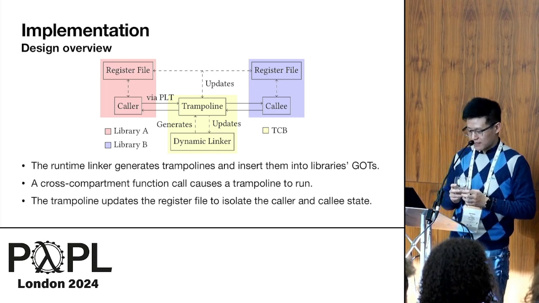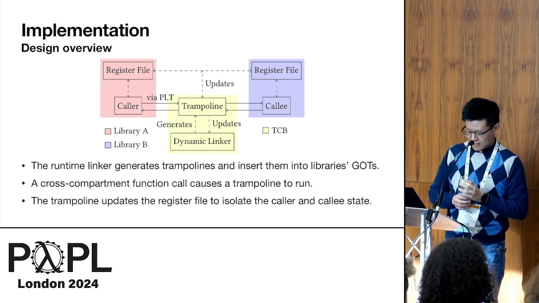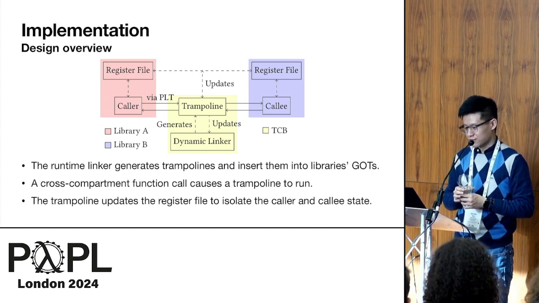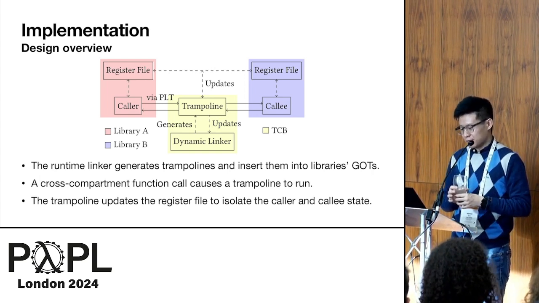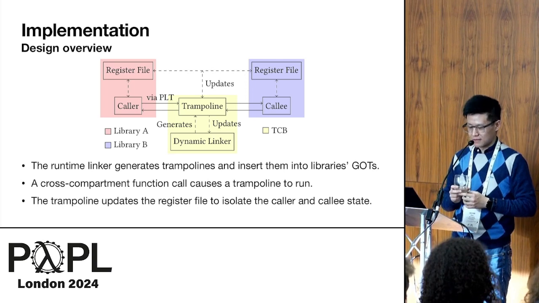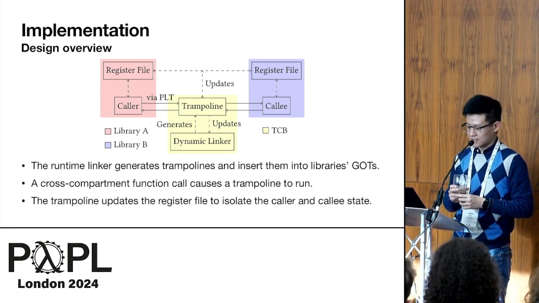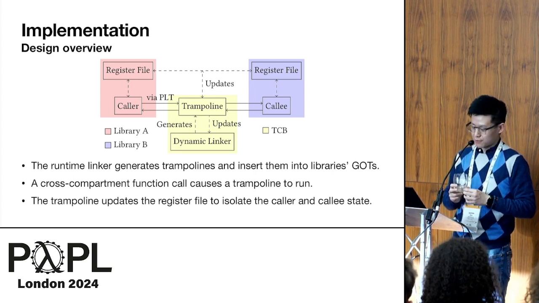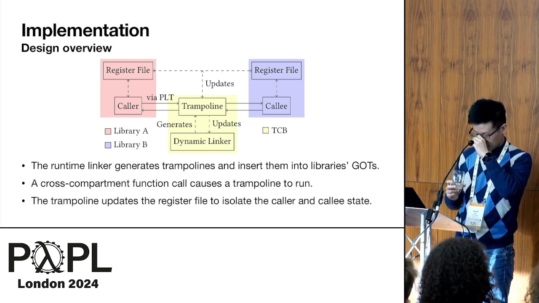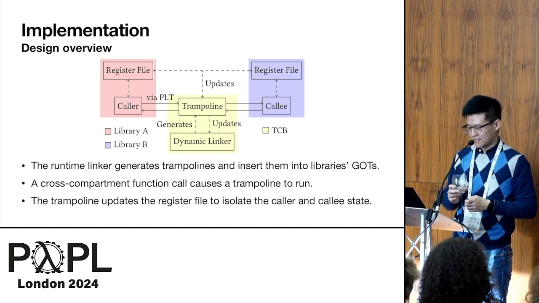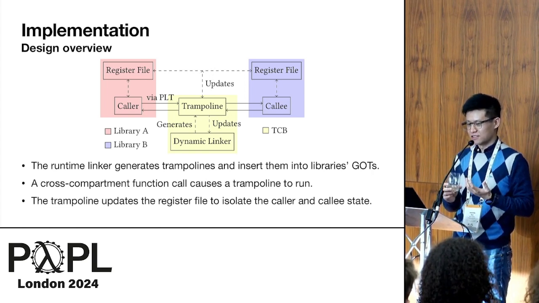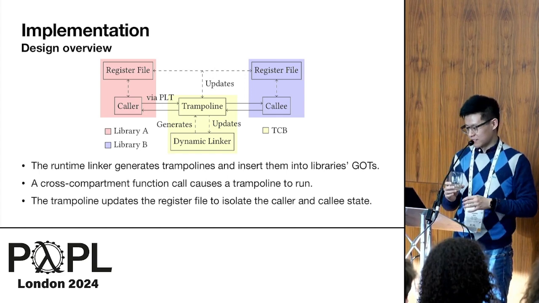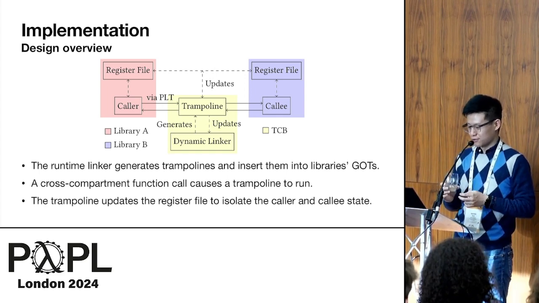So what does the trampoline do? The trampoline updates the register file to isolate the caller and callee state. So, for example, you have callee saved registers that will be preserved by the trampoline. So you can make sure that a callee that does not abide by the contract and mess up the callee saved registers will not actually affect your execution.